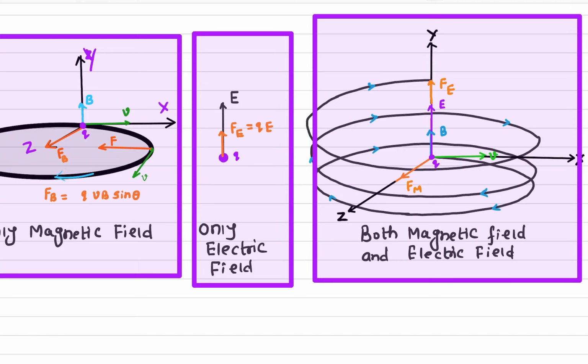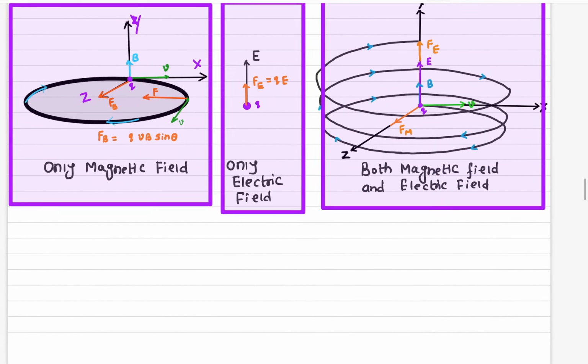If you look at a spiral or a spring, it does have a circular arc, as well as a linear path. So due to the electric field, it moves into the y direction, and due to the magnetic field, it moves into a circle, and the combination of both is the spiral path.